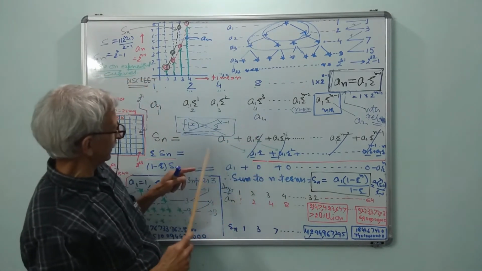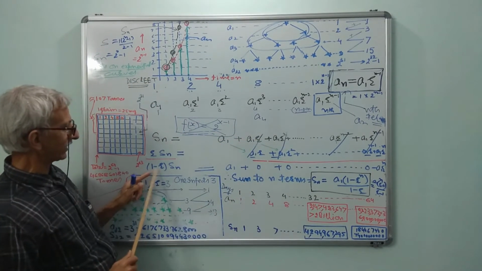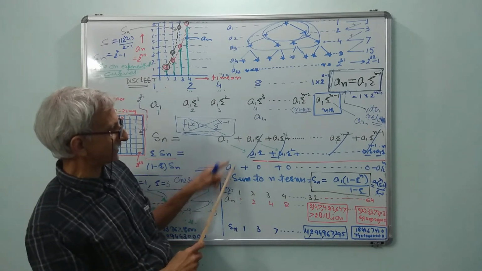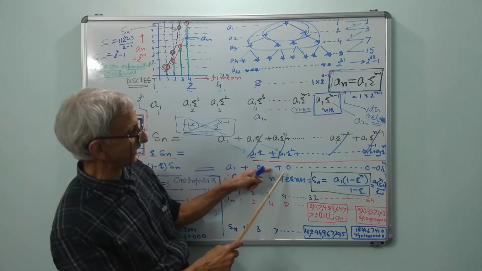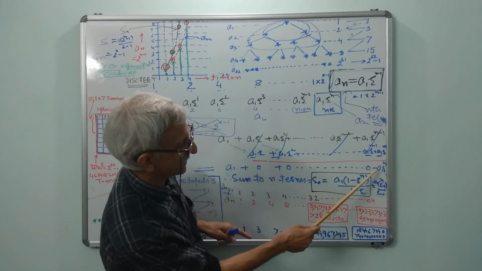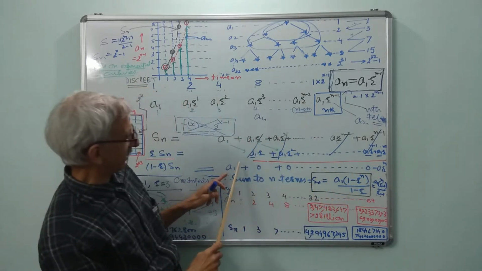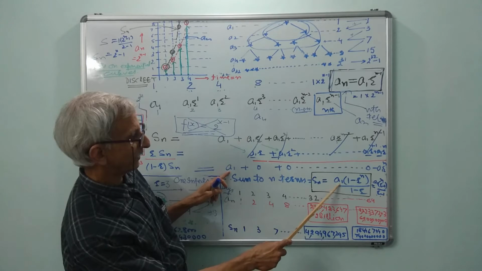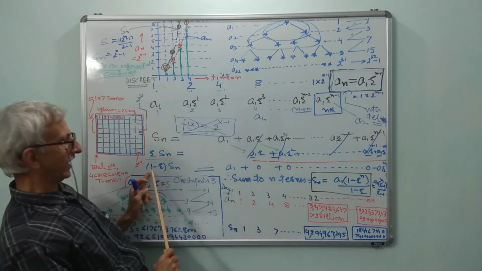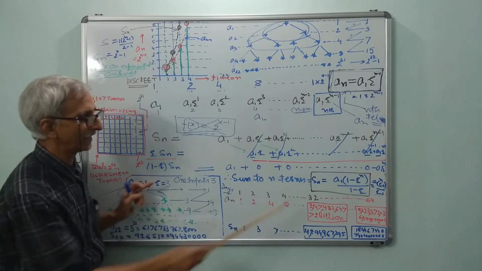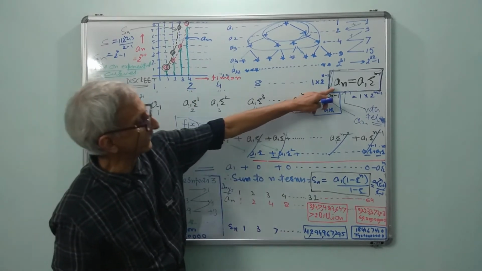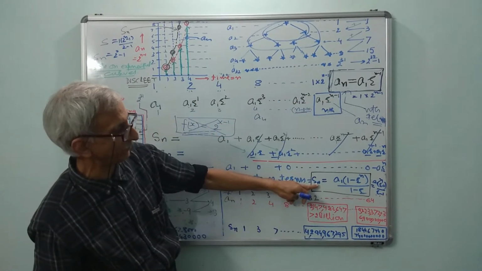When you subtract, it becomes (1 minus r) Sn, and a1 remains as it is, the middle terms are 0 because they cancel out, and only this is left: minus a1r^n. Then I take a1 common, leaving 1 minus r^n, and bring 1 minus r down. This gives me the sum to n terms of a GP.